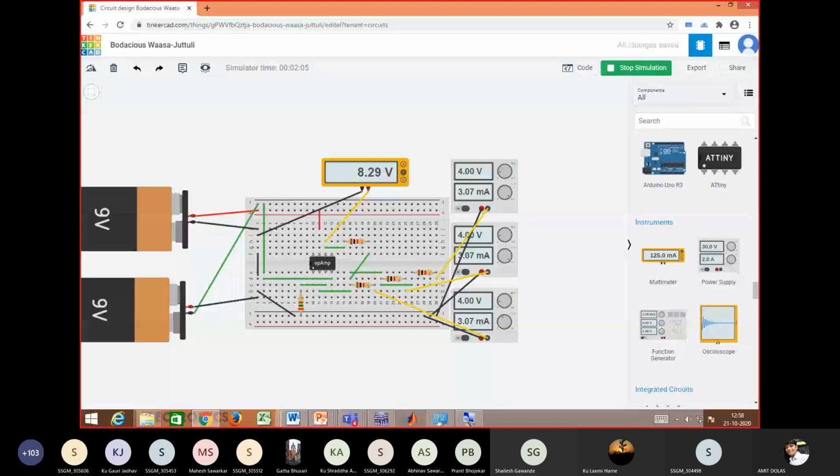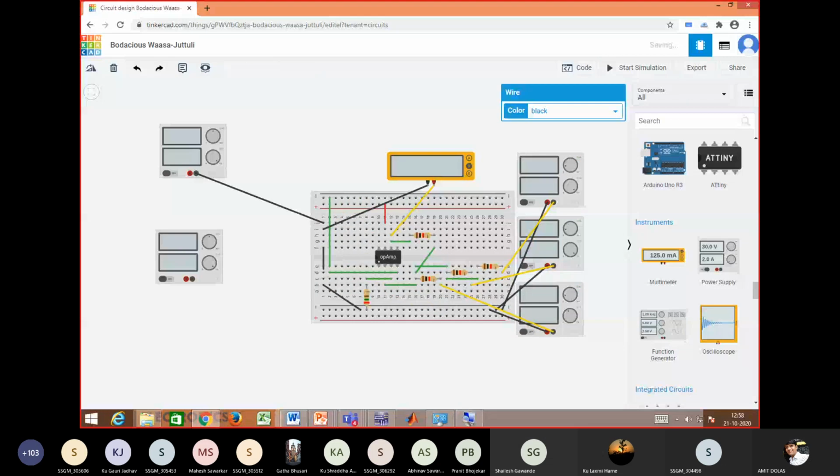So here negative, I'll connect to the ground, make it black. Then positive is here. Then here positive will be to the ground for the other, and negative is here. Negative green, positive red.